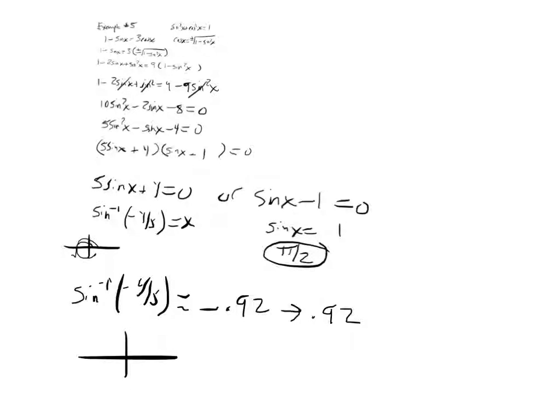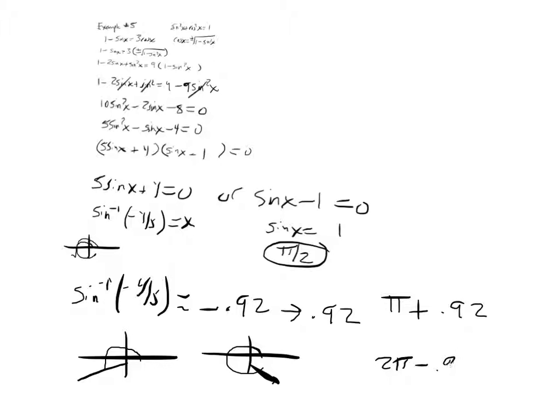One of those two angles is going to be over here, one over here. So with that 0.92, it looks like I'm looking at pi plus 0.92 and 2 pi minus 0.92.